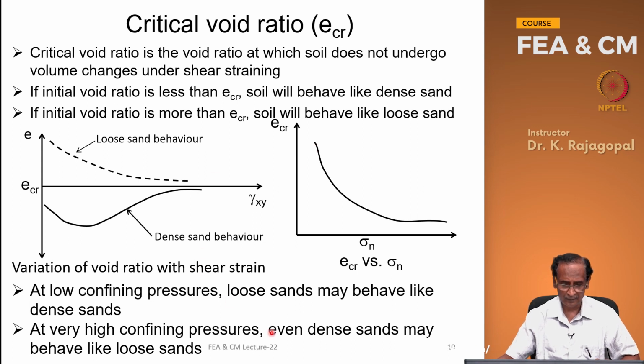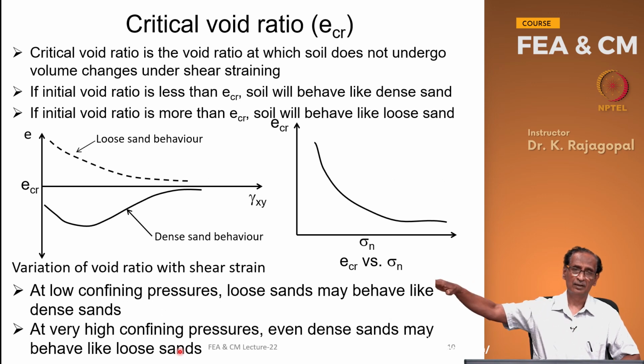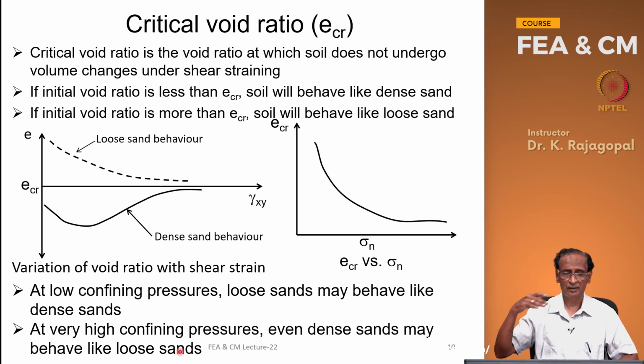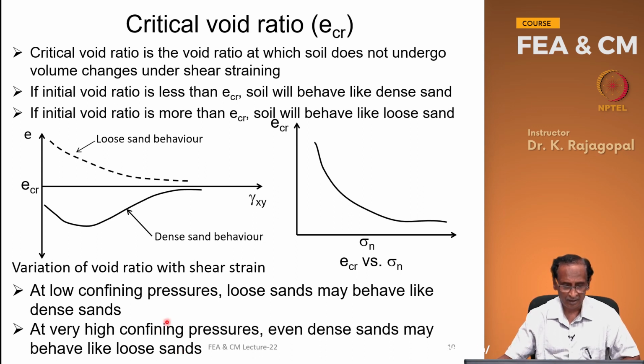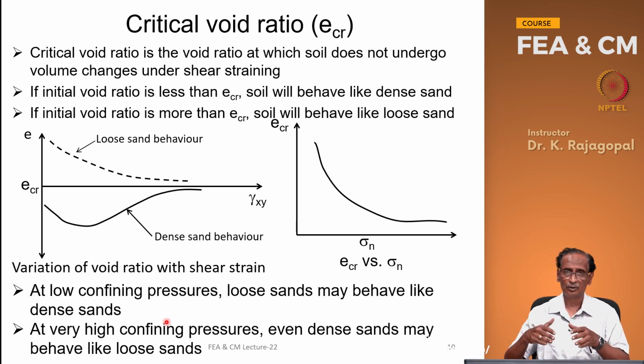So, at very high confining pressures even dense sands may behave like loose sands, that is, undergoing constant increase in the shear stress with the shear strain and then volumetric compression. And actually we need to know this behavior so that we can choose an appropriate constitutive model.